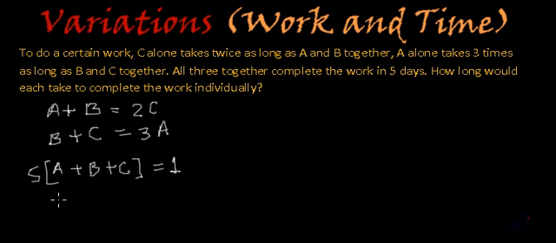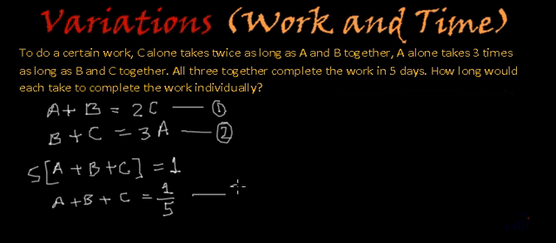That means in 1 day, A, B and C are finishing 1/5 of the job. So these are the 3 equations which we have constructed. This is the first equation, this is the second equation, and this is the third equation, right?